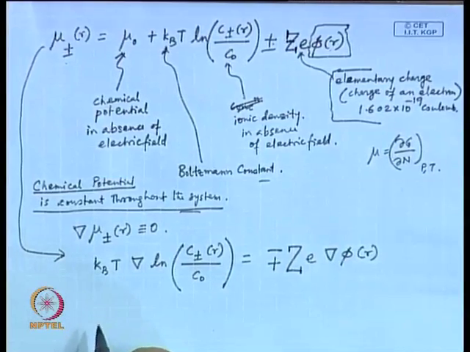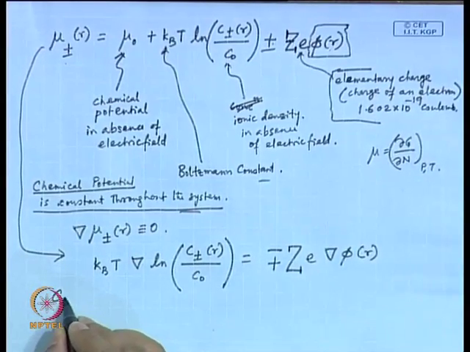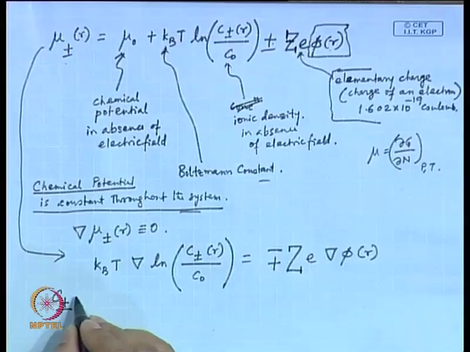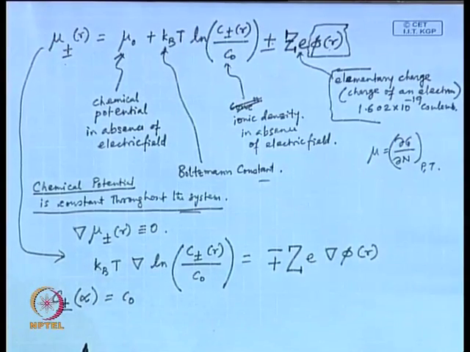Next, you have a boundary condition. Let us write down the boundary condition here. The boundary condition for this C plus minus at Z equal to infinity is equal to C 0, that we have accepted that in the bulk the co-ion and counter-ion concentrations are equal, and that is equal to C 0.